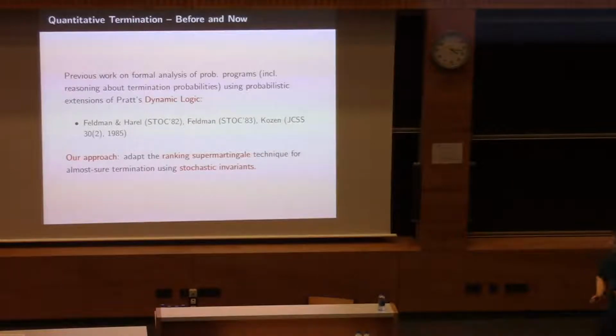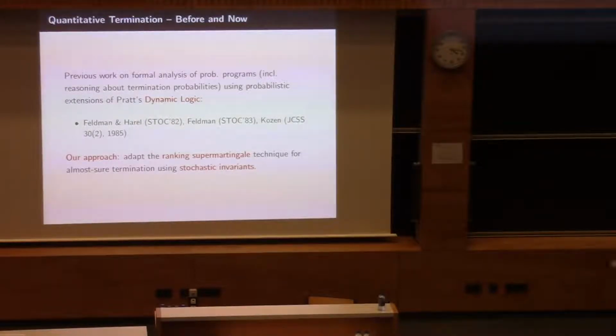Well, of course, there was some previous body of work aimed at reasoning about quantitative properties of this kind of programs, including termination probabilities, for instance, using some sort of logical means. And these are really very powerful, universal tools for how to reason about such programs.